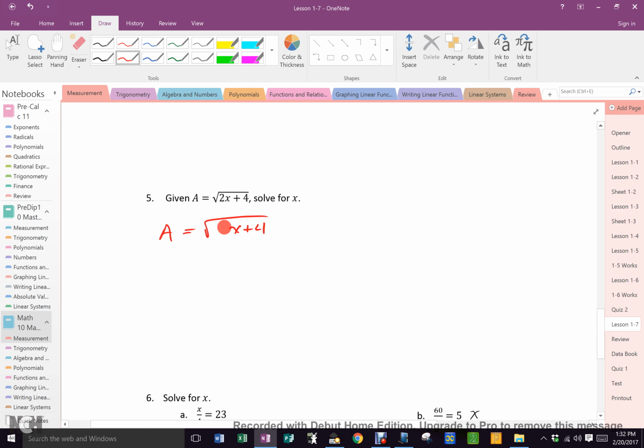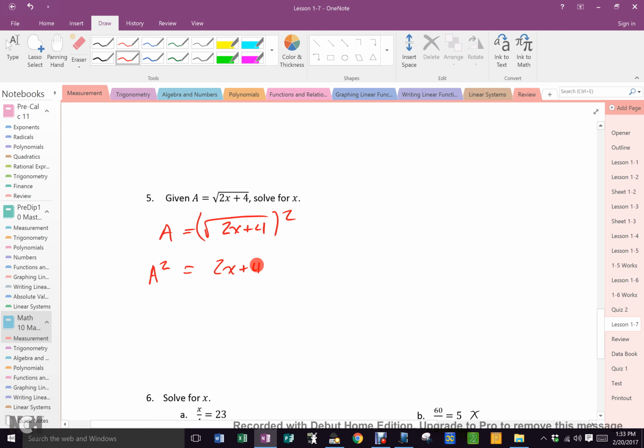There's a square root sign, yes? Well, if I get rid of a squared by square rooting, how do I get rid of a square root? By squaring. So if I square that side, that gets rid of my square root, yes? But if I square the right side, what do I have to do to the left side? Square. Same thing. So I end up with a squared, yes?